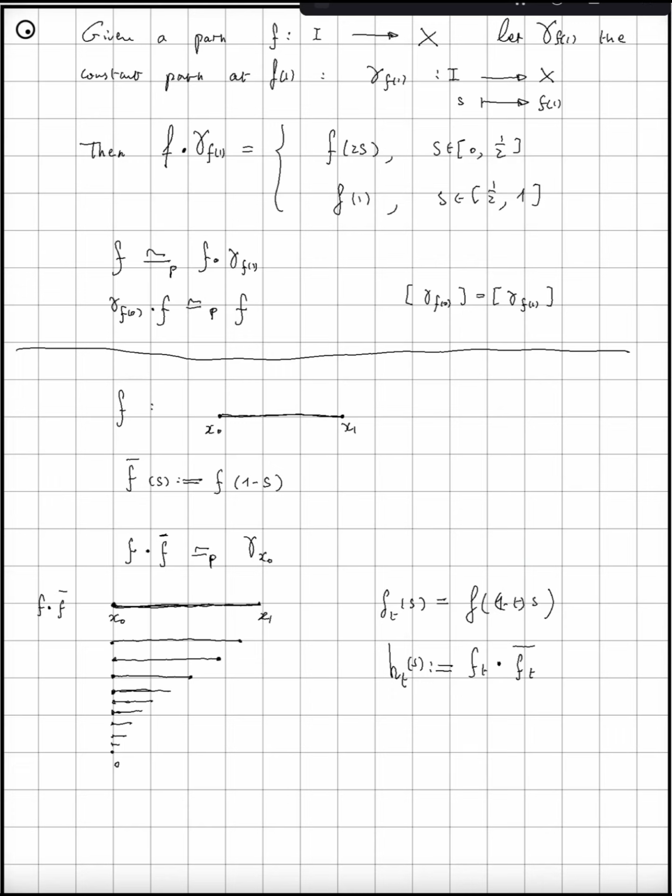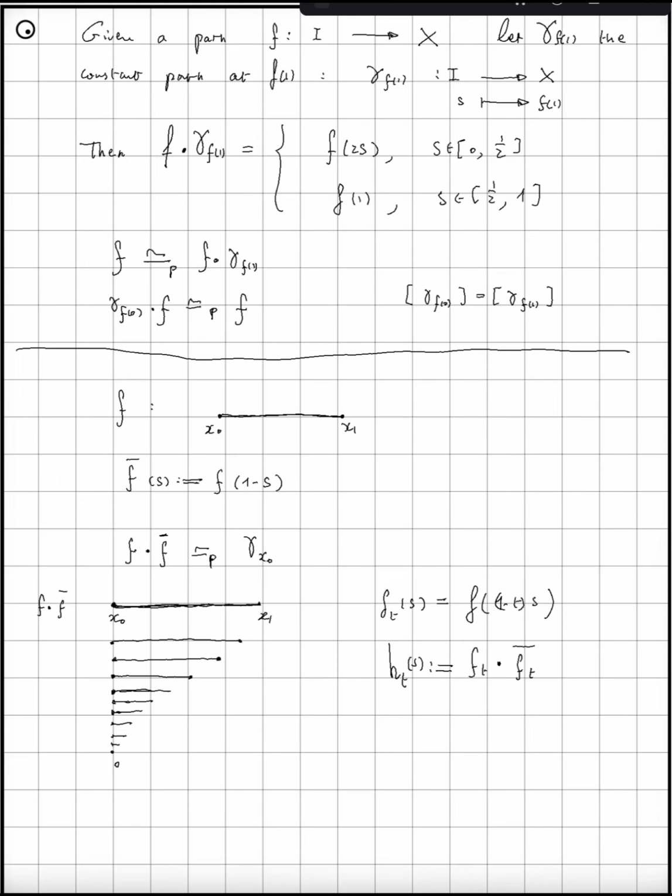So in general, let's say if you have a path f from I to x, without assuming that it is a loop, then you could still say that this f concatenate with gamma f1. Let's call this gamma f1 the constant path with base point f1, which means that when time goes from 0 to 1, this path doesn't change at all.